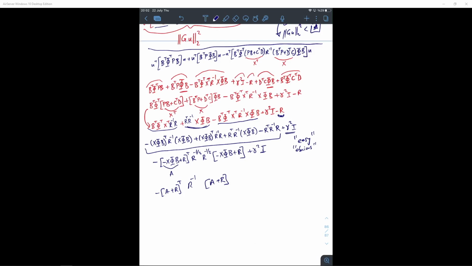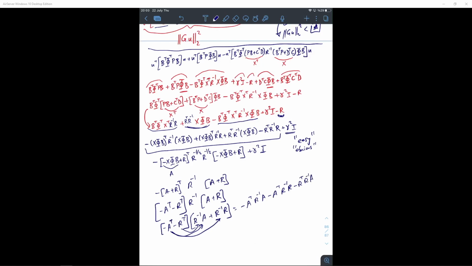Okay, just minus a transpose minus R transpose R inverse a plus R, and R inverse a plus R inverse R. Okay, minus a transpose minus R transpose, minus a transpose R inverse a, then minus a transpose R inverse R, not transpose, just R. Okay, and now this term minus R transpose R inverse a, minus R transpose R inverse R.